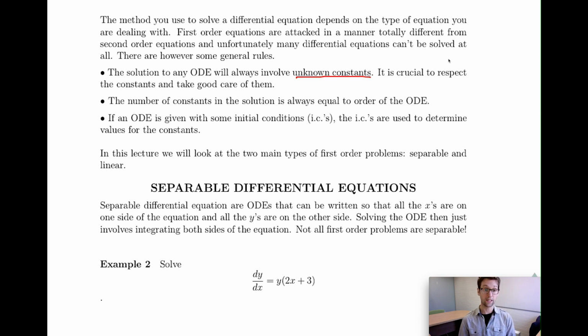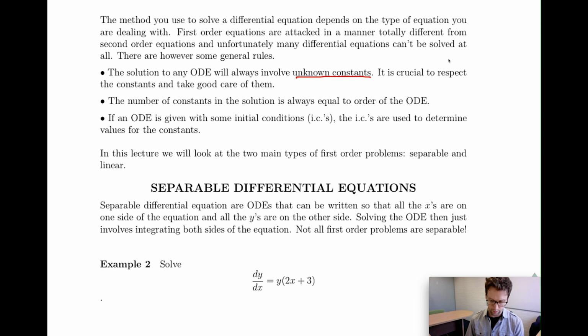Those constants are basically constants of integration in exactly the same way that you get constants when you do integrals. Essentially, finding the solution to an ordinary differential equation is equivalent to doing an integration. And it's very important to treat those constants with some respect because they've got to tell us some extra information. We're going to need some additional information to fix them, for example, some initial conditions.